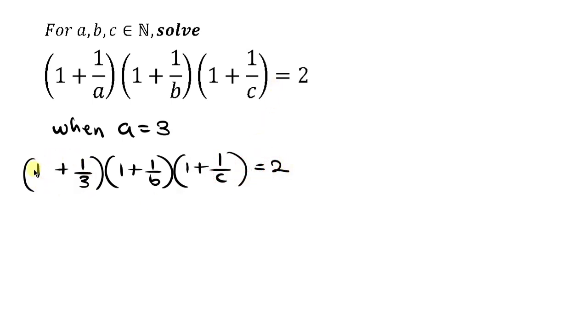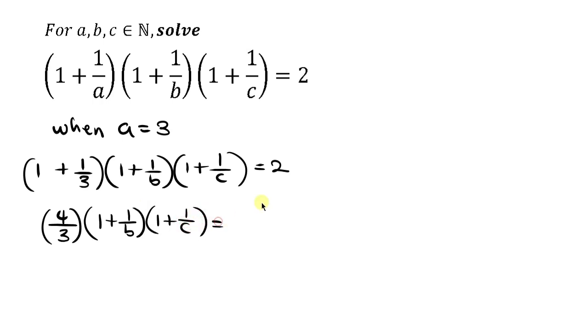So simplifying this inside of this bracket, we have 3 times 1, that's 3, plus 1 is 4. So this is 4 over 3 times 1 plus 1 over B times 1 plus 1 over C, and this is equal to 2.